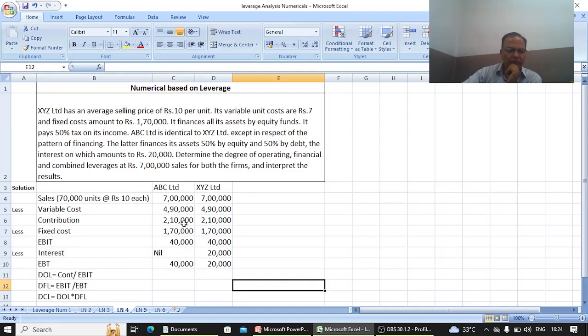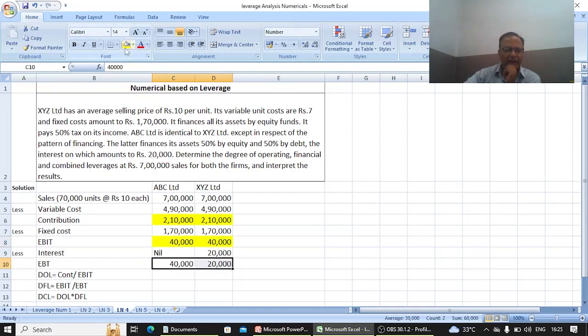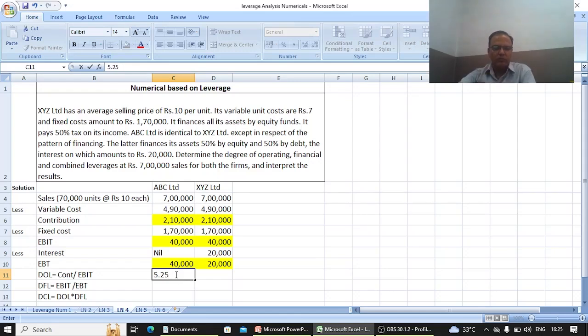Now contribution by EBIT, and here EBIT by EBT. So 210 divided by 40, it will be 5.25. Here it will be 5.25.